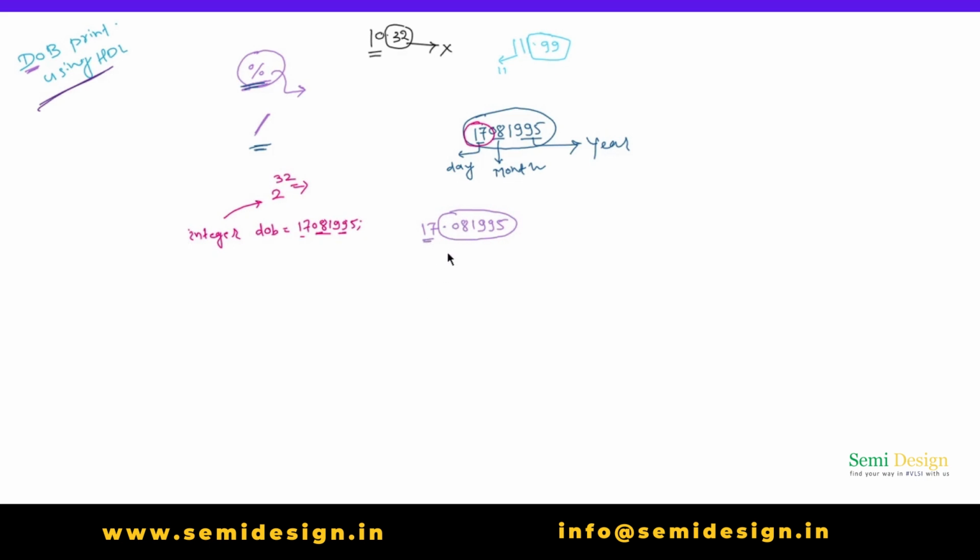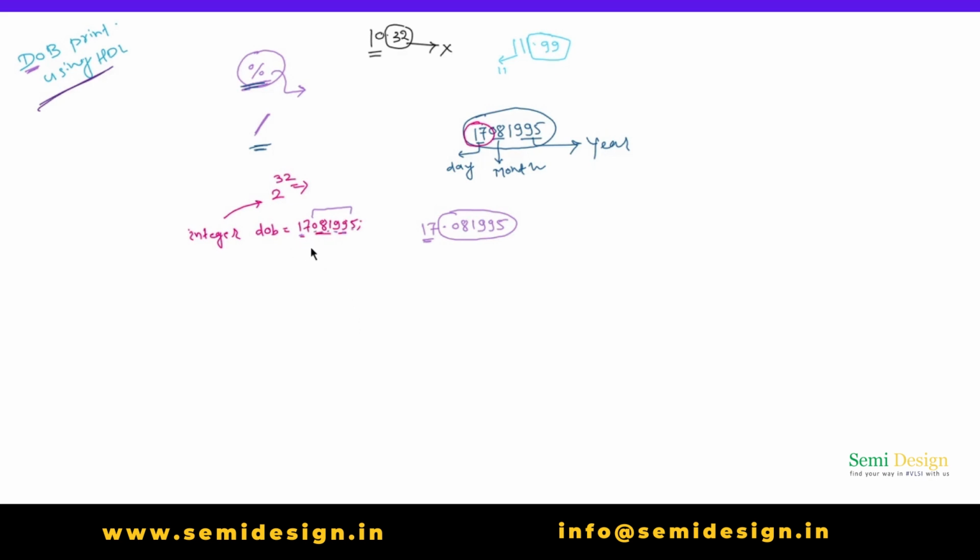Very simple. Now I will give you a short trick for this. For this 17, how many digits do we want to truncate? 1, 2, 3, 4, 5, 6: 6 digits we want to remove.